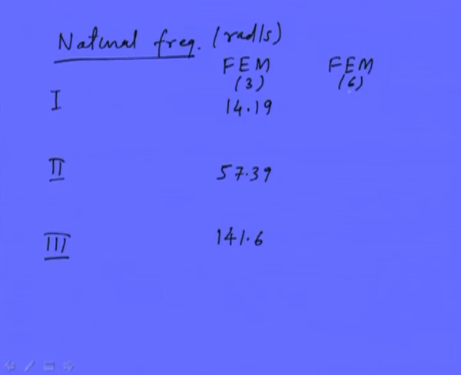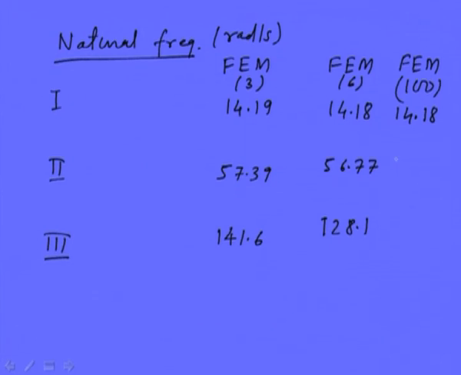And if we increase the elements to 6, it gives us 14.18, 56.77, 128.1, and for 100 elements I am increasing suddenly, because once we have the program for the assembly procedure, the number of elements is not a problem, 14.18.